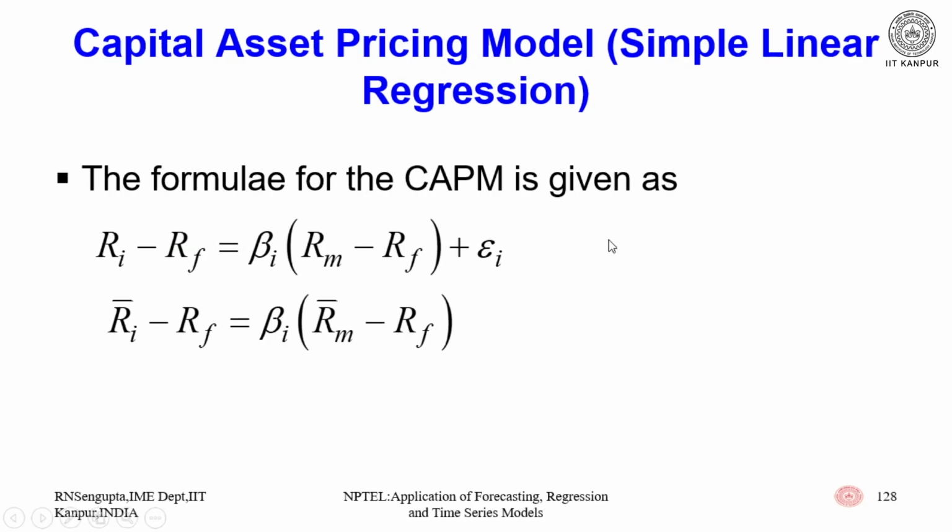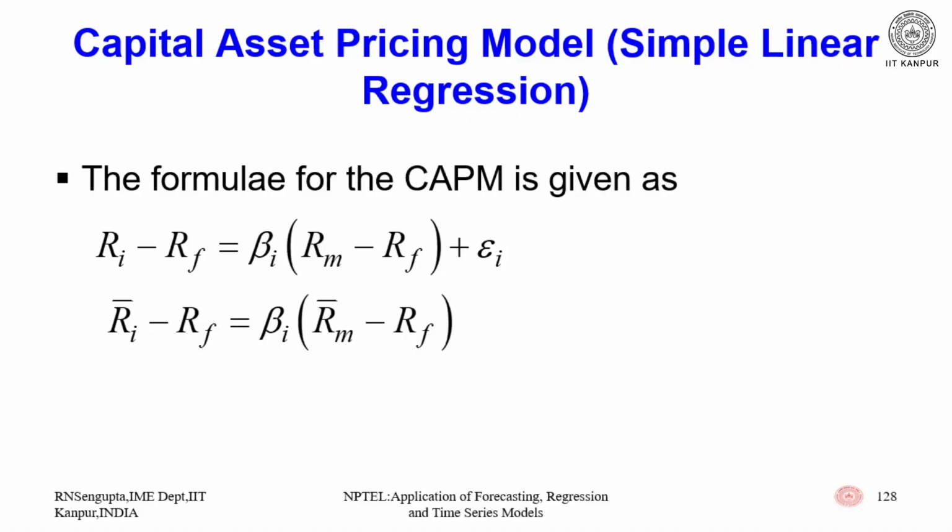Now, as I mentioned, we will now discuss some actual practical examples of first simple linear regression, then multiple linear regression, and in a similar way we will also discuss some theoretical examples of multiple linear regression.